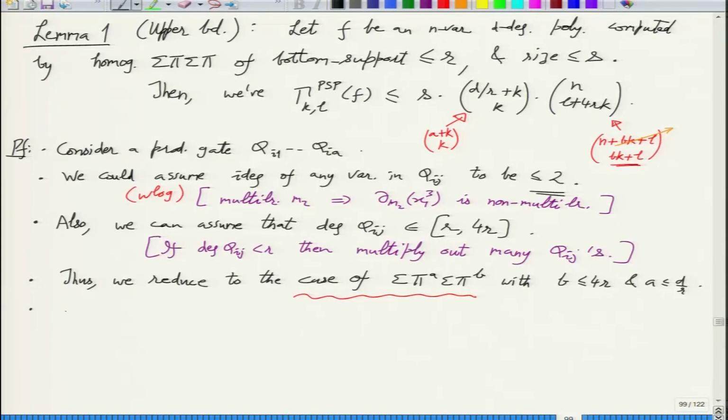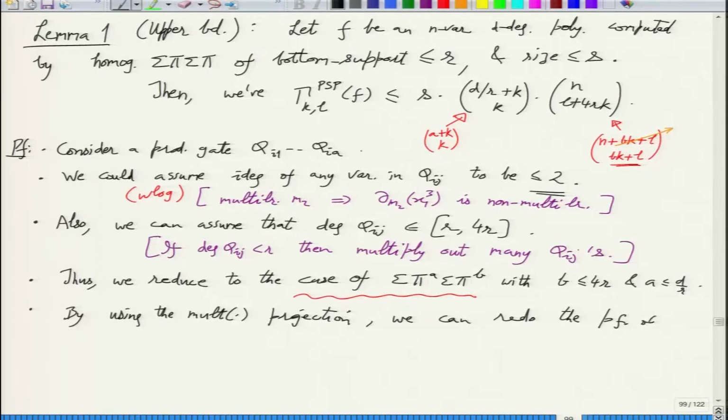Finally, by using the multilinearity projection, we can redo the proof of the shifted partials upper bound.